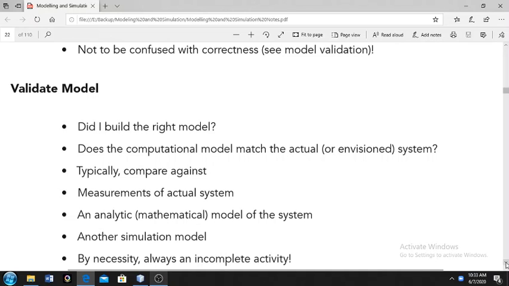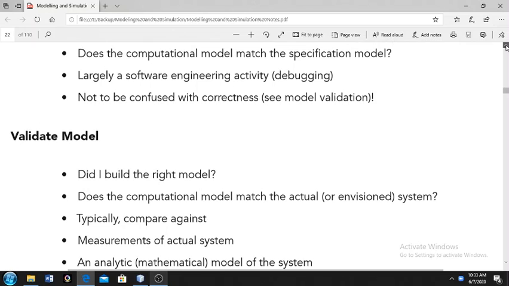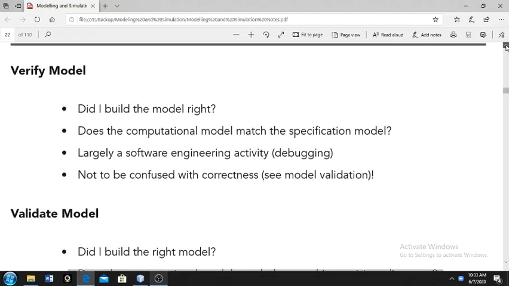Just like in software engineering, testing and validation are totally different. When you test, you make sure that your system is correct, that there are no errors.